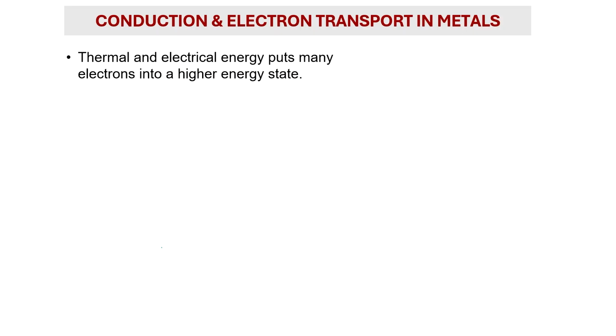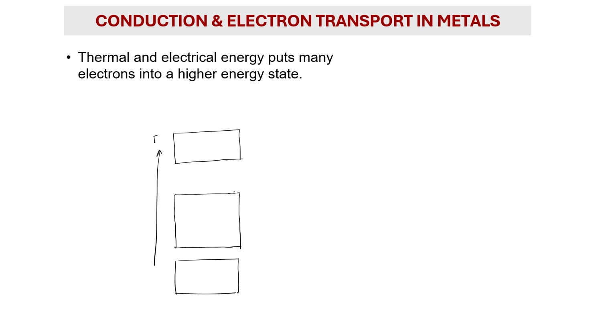Because of the presence of a gap, you require thermal, electrical or optical energy that makes an electron move from the lower band to the higher band. So, let us say we look at it in the context of metals: we have a filled band, then we have another band which is partially filled, and then we have another band which is empty. We can represent these with energy increasing on the y axis.